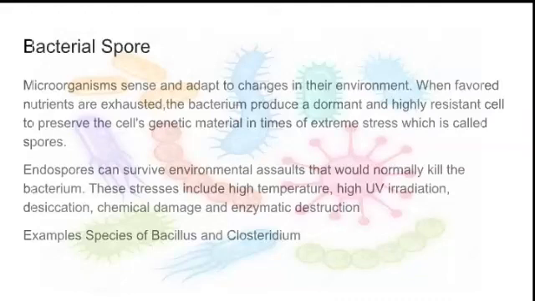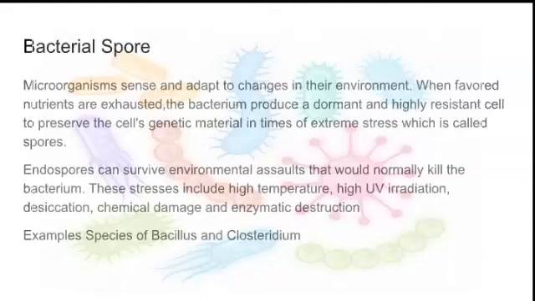Microorganisms sense and adapt to changes in their environment. So when some changes happen, the microorganism also changes to live longer. When favored nutrients are exhausted, the bacterium produces a dormant and highly resistant cell to preserve the cell's genetic material in times of extreme stress.